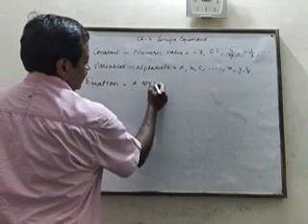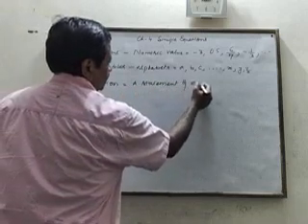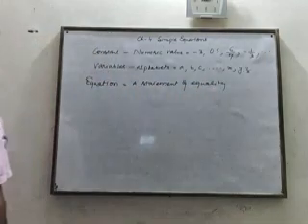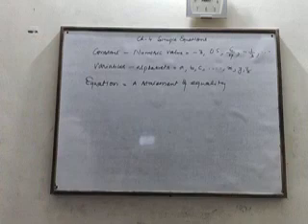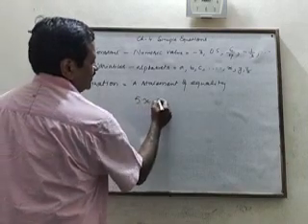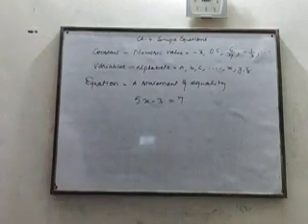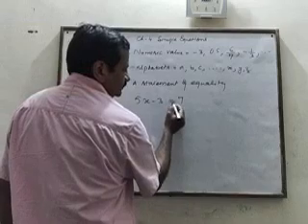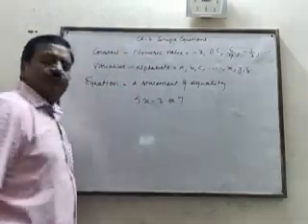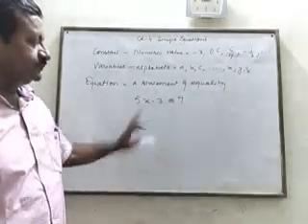A statement of equality is called an equation. For example, 5x minus 3 is equal to 7. This equal to sign shows that it is an equation with a variable x.